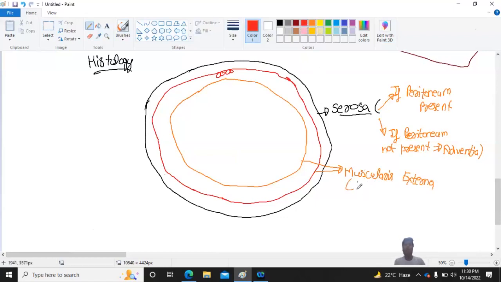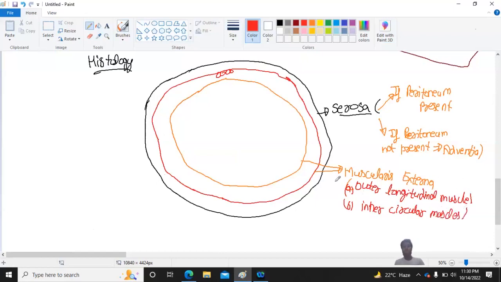Again, outer longitudinal muscles and inner circular muscles. Done.